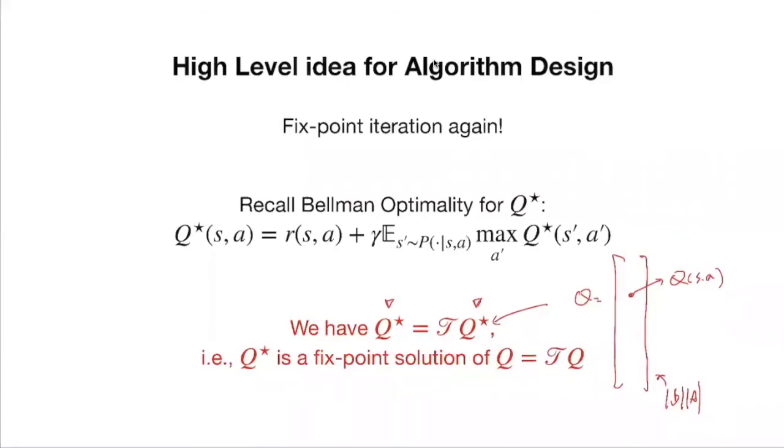If your function happens to have nice properties, then you converge; otherwise, you cannot guarantee convergence. Here I'm just showing you the fact that this Q star satisfies this equation by the Bellman optimality condition. We haven't talked about the algorithm yet, and we haven't touched anything on convergence yet.